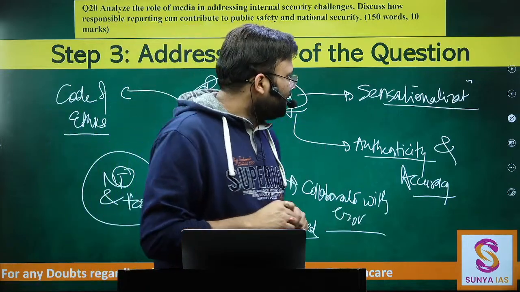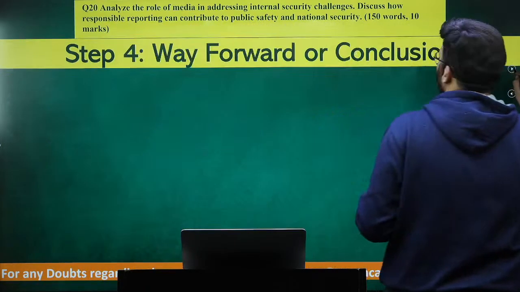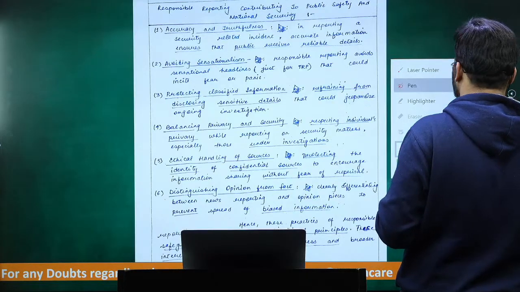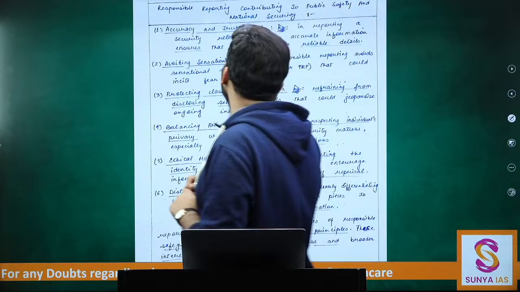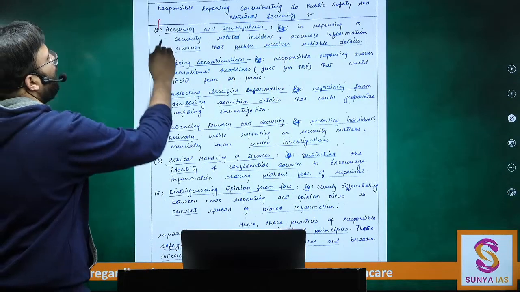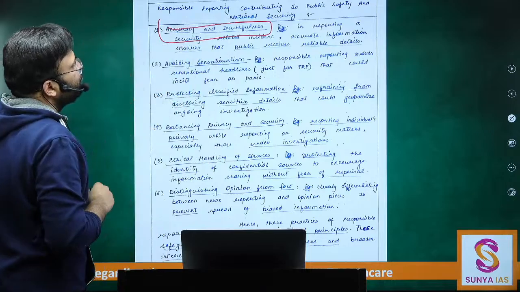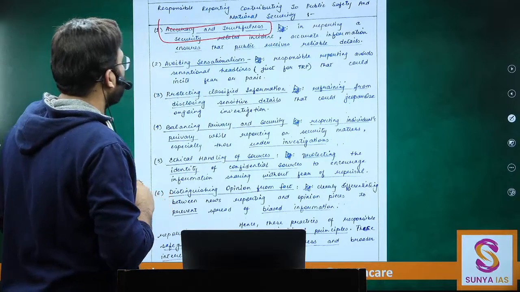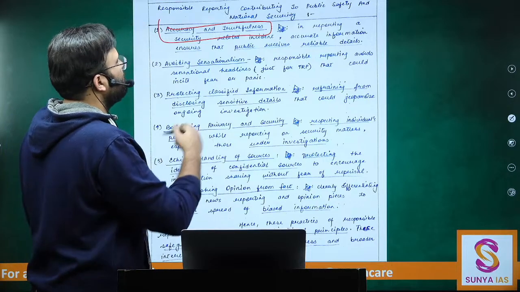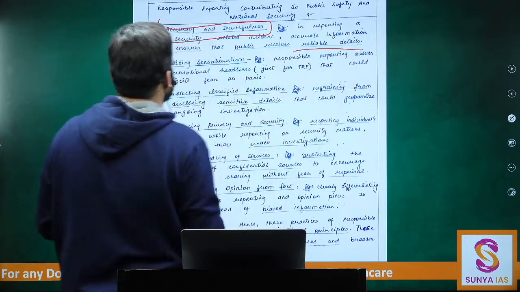So let's see that how this kind of points are being presented. Responsible reporting contributing to public safety and national security. Accuracy and truthfulness. Example, in reporting a security related incident, accurate information ensures that public receive reliable details.